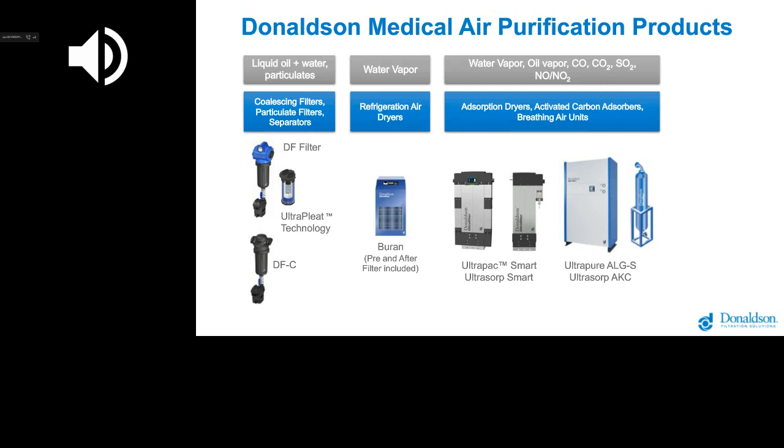This is usually done by adsorption dryers, either in combination with an activated carbon adsorber system or as a compact breathing air unit. Both versions we have available with the UltraPack Smart product range and with the Ultra Pure ALGS system, which I would like to introduce later on in a little more detail.